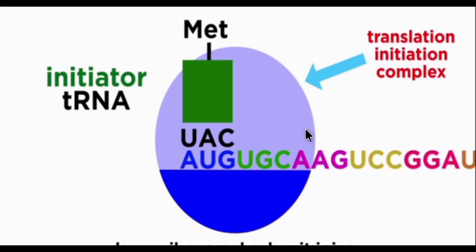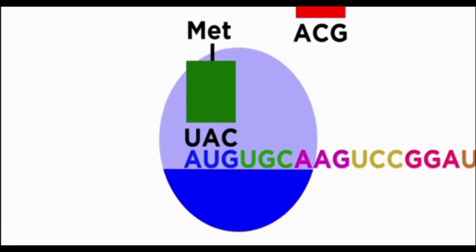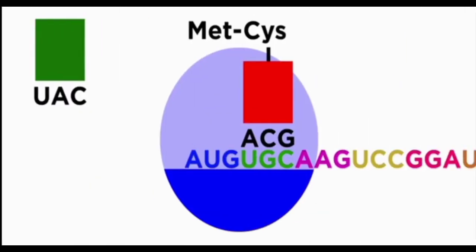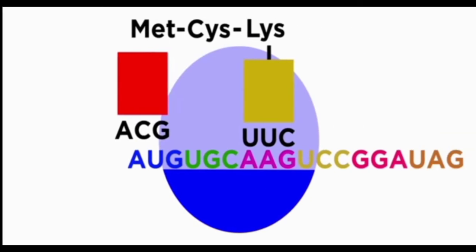The first tRNA detaches and leaves the ribosome, which has shifted over, making room for the next tRNA. And this new amino acid links to the first two, and the process continues all the way down the mRNA.